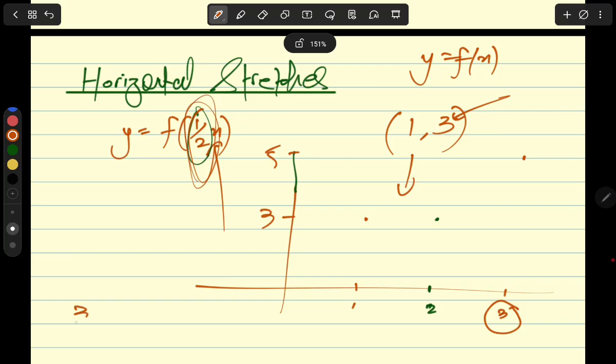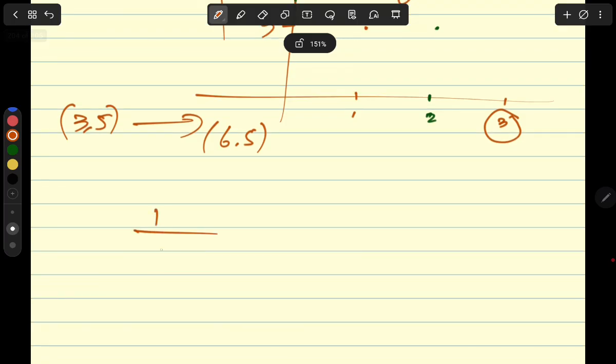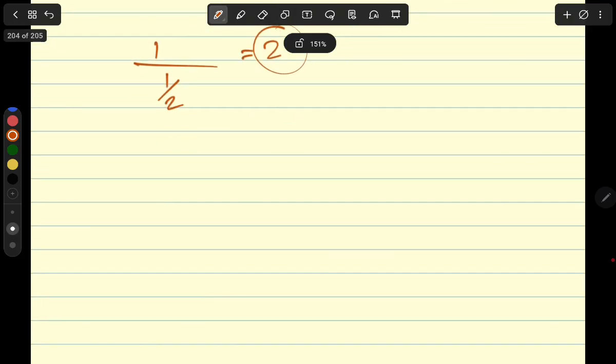So (3, 5) is going to get transformed into (6, 5) because of this stretch factor, right? So every input value is divided by the horizontal stretch factor. Every x value doubles. However, if the function was y equals f of 6x, in order to get the same output value, you are going to take an input value of 1/6.